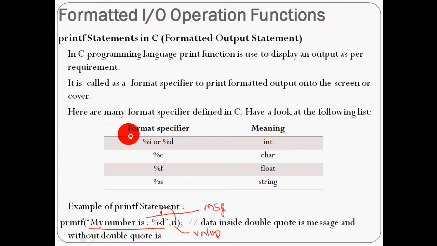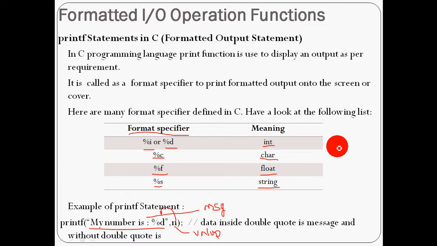There are a few format specifiers available, because we already discussed that the printf function deals with some predefined data types, that is integer, character, float and string. Then %d or %i is used for integer, %c is used for character, %f is used for float, and %s is used for string.